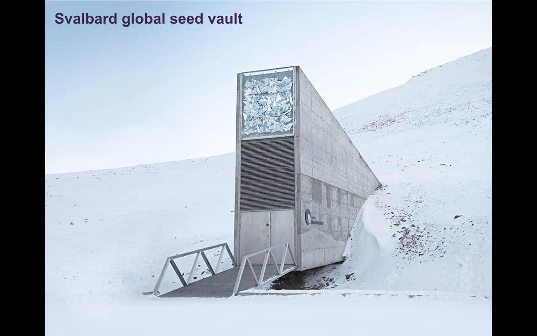It's possible to store these away in this location way north up in the Arctic Circle in Norway, and they're storing seeds from all around the world in the event that people need them. So in these days of climate uncertainty, in a lot of regions, political uncertainty, this is a way for holding on to this agricultural heritage that people have.